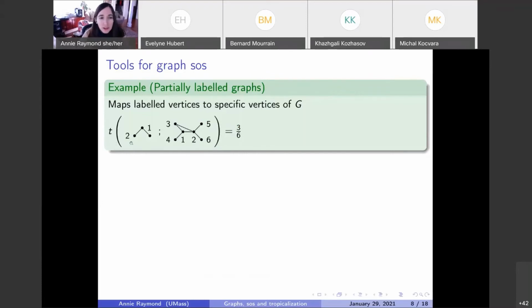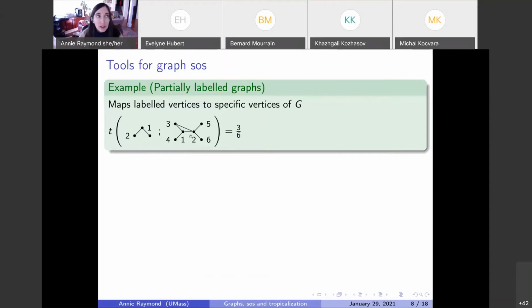Whenever I have a partially labeled graph, it means that my labeled vertices go to a particular place within my target graph. My target graph is really unlabeled, but I give it labels in the sense that I know where the labeled vertices are going. So I'm only considering maps that send vertex 1 to this vertex that I'm naming 1, but which is really unlabeled, vertex 2 to vertex 2, and so on.